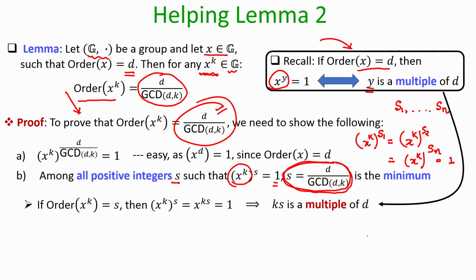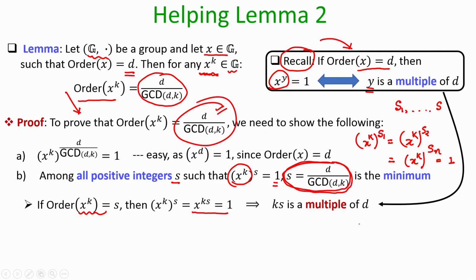So, the proof here is as follows. Since the order of x power k is s, assuming that s indeed is the order of x power k, I know that x power k, raised to s, is 1, and if x power k s is 1, I can trigger this result regarding the order of x, and I can argue that k times s is a multiple of d.